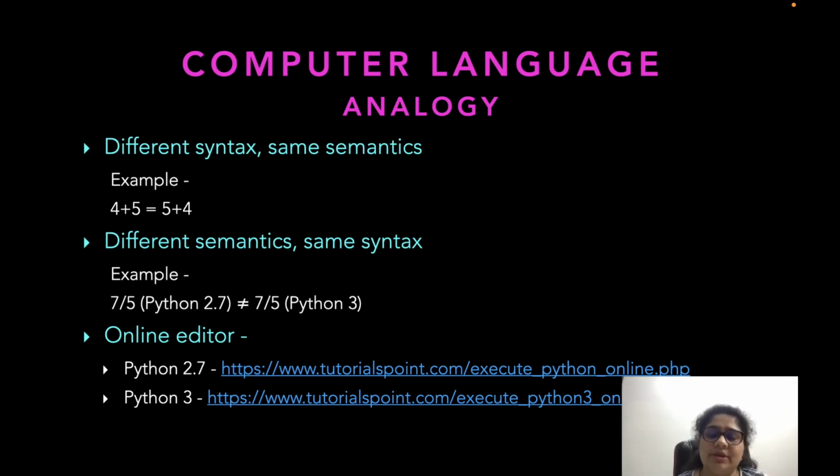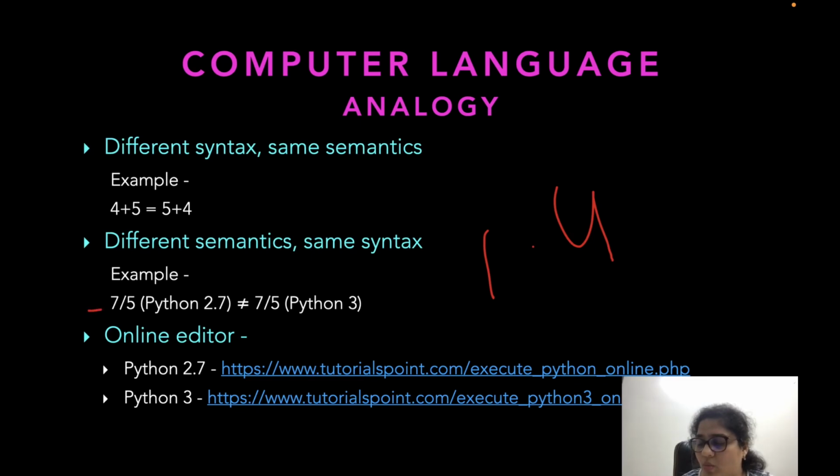So in Python 2.7, which is the older version, if you will write 7 divided by 5, what answer you will get? In general, in maths, what answer you will get? 7 divided by 5. Now, normal mathematical answer is 1.4. Correct?